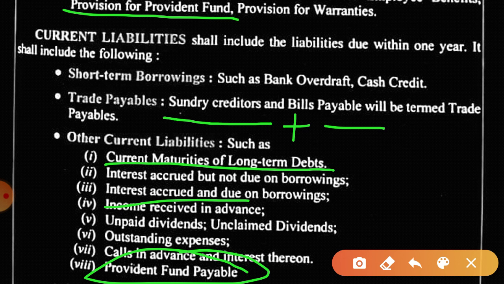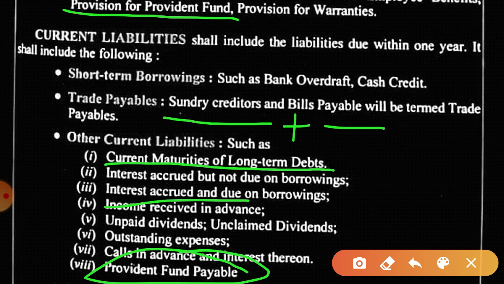First of all, if you don't know what PF is, when the employee works for the company, a certain amount is deposited into a PF account by the employer, and when the employee moves out of the company, that amount is payable.